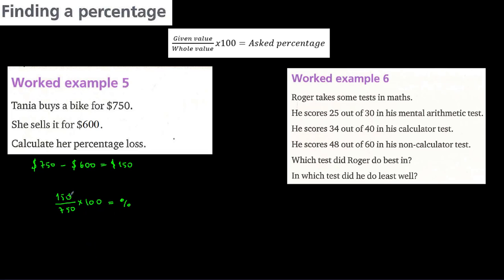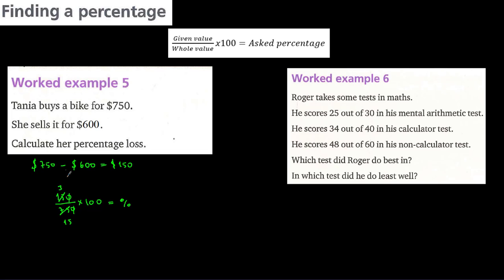And here you can simplify the zeros. Then 15 and 75, they are both divisible by 5. When you divide by 5, this is going to be equal to 3, and this is going to be equal to 15.